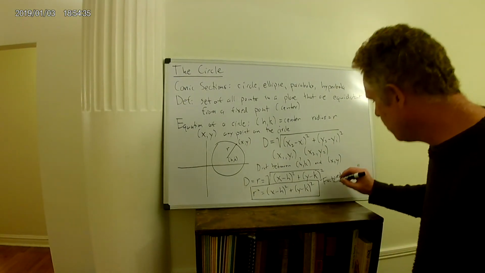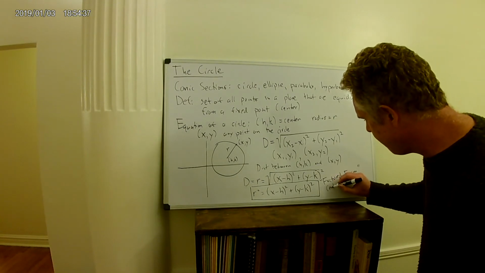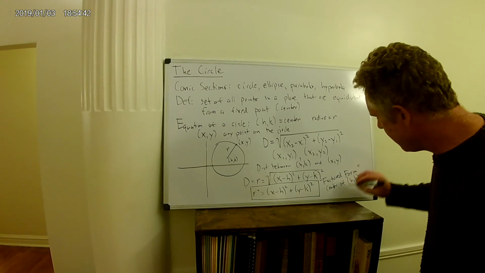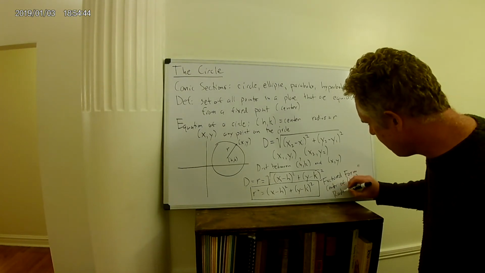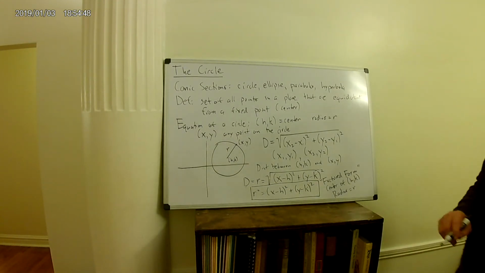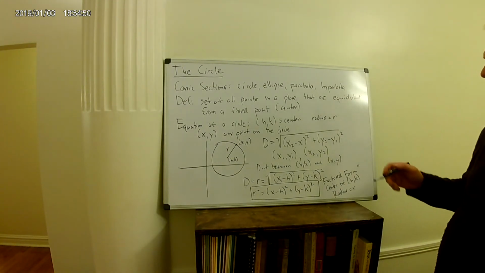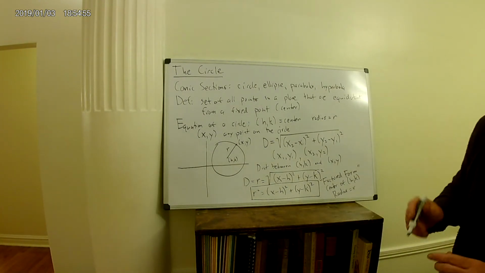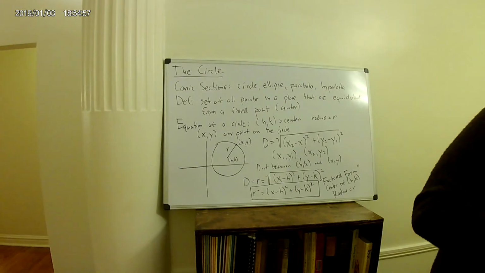And this is for a circle with a center of (h, k) and a radius that equals r. Okay, this is the equation of a circle in factored form with a center (h, k) and a radius r. So this gives us all the points (x, y) along our circle.